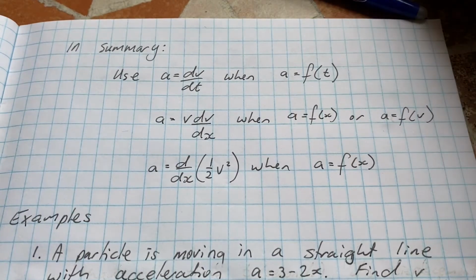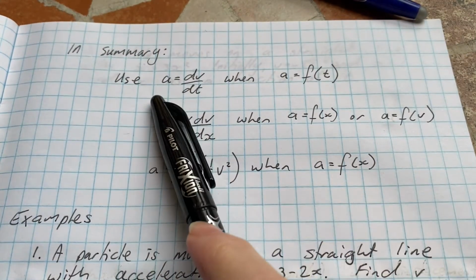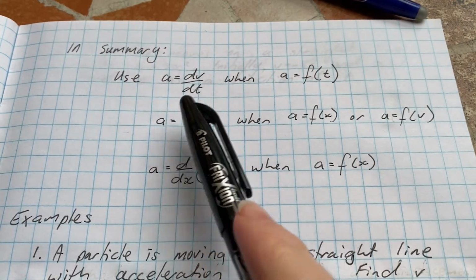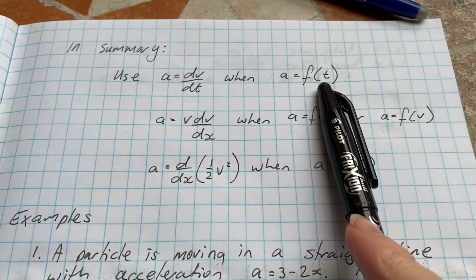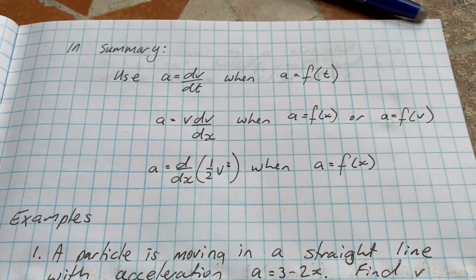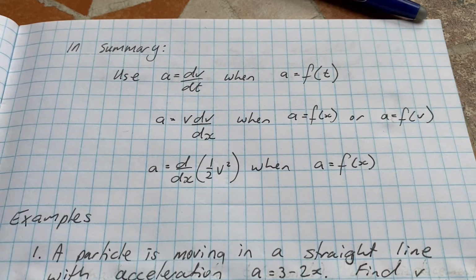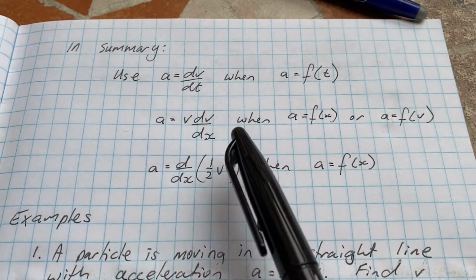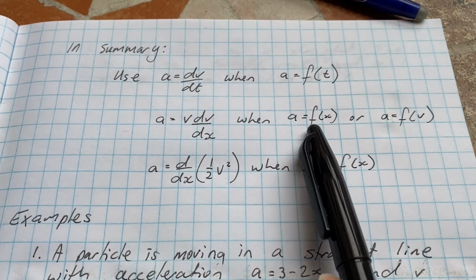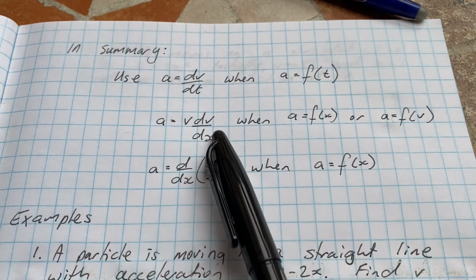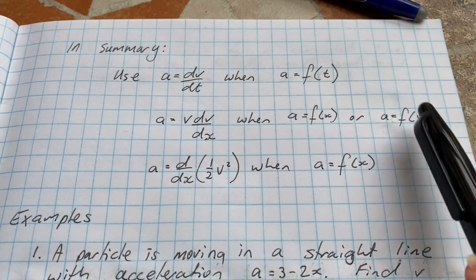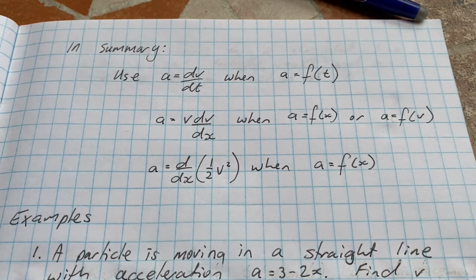So in summary, use the dv/dt formula when acceleration is a function of time. Okay, whatever's in your denominator here can be a useful thought, but also what's in your numerator sometimes as well. So in this second one, if acceleration is a function of x, you can use this formula. If it's a function of v, then I would always suggest using this formula.